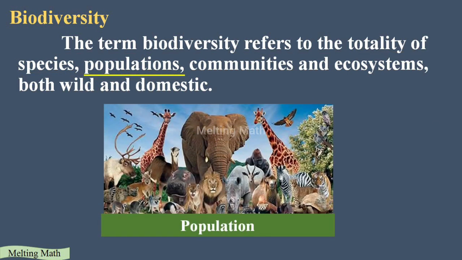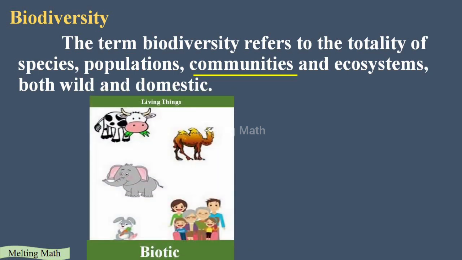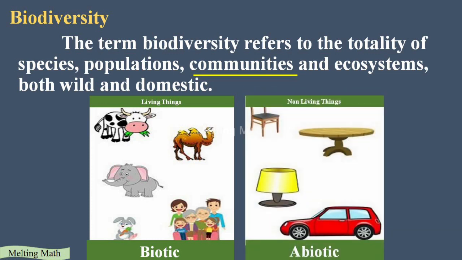Communities: wherever the living things are, we call it a biotic community, and wherever the non-living things are, we call it an abiotic community. The living things form the biotic community and the non-living things form the abiotic community.